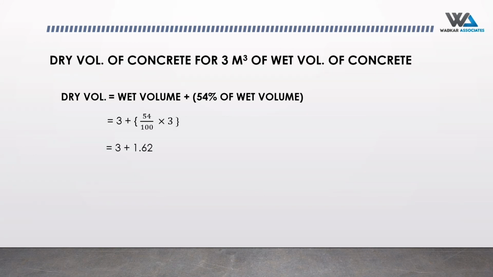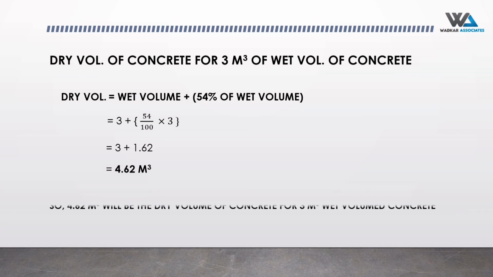So 0.54 into 3 will be 1.62. So 3 plus 1.62 comes out to be 4.62 meter cube. So 3 meter cube of wet volume of a concrete means we will need a dry volume of a concrete with the quantity of 4.62 meter cube.